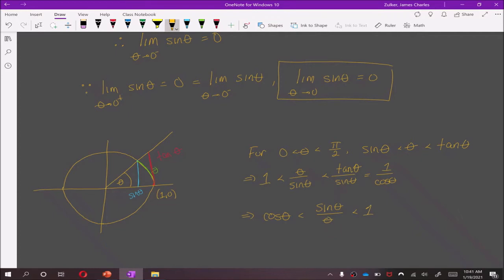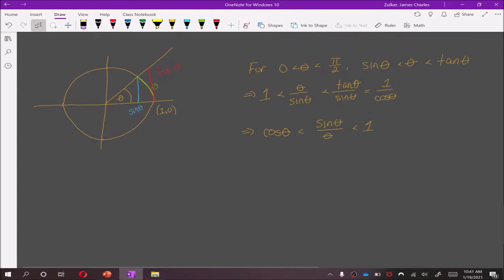Our goal here is to use the squeeze theorem as theta approaches 0, which means we need to now evaluate the limit of this function here. So limit as theta approaches 0 of cosine of theta.